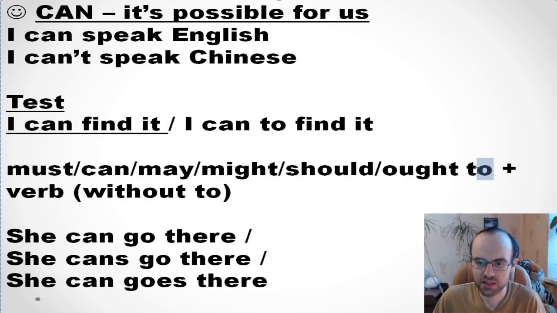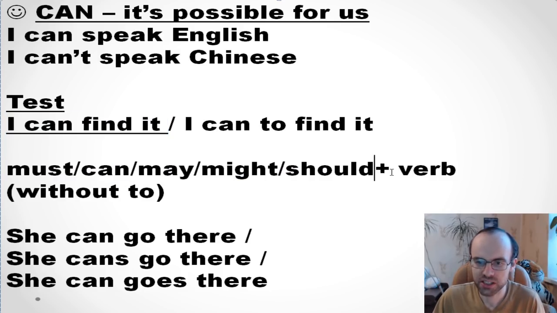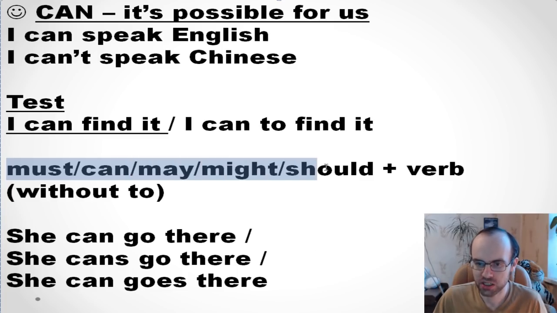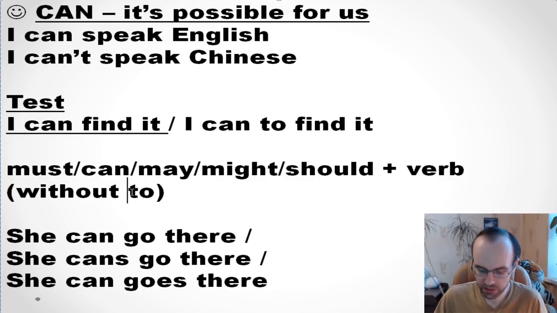Okay, my friends, let me correct something. You need to remember that we use must, can, may, might, should plus verb without to. No to. So can plus verb.